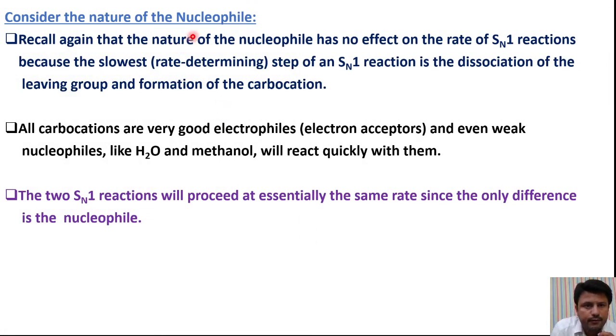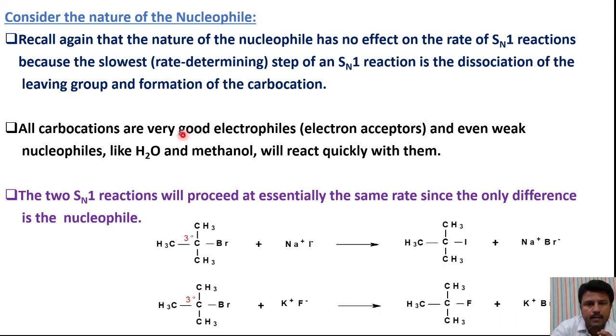Consider the nature of the nucleophile. Recall again that the nature of the nucleophile has no effect on the rate of SN1 reaction, because in the slow step, the rate determining step, there is no nucleophile. So the nucleophile does not have any influence on the rate of SN1 reactions.